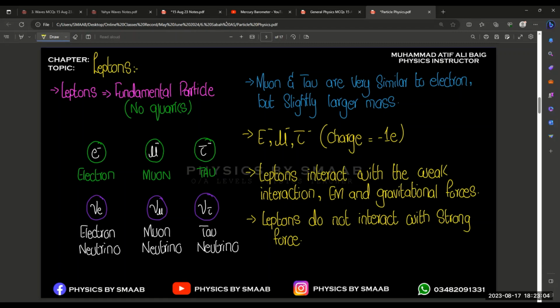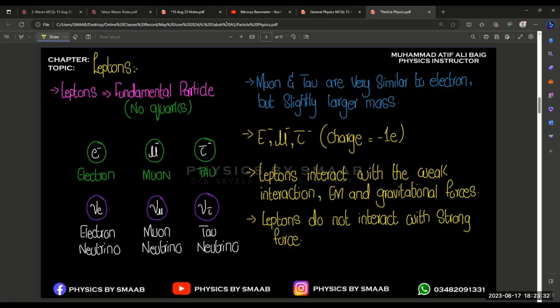That's why electrons are different from proton and neutron, and that is the reason we use them in gravitational force and electromagnetic force. That's why electrons are free to move in a conductor also. If we talk about quarks, quarks actually interact with the strong forces, like the nuclear force.